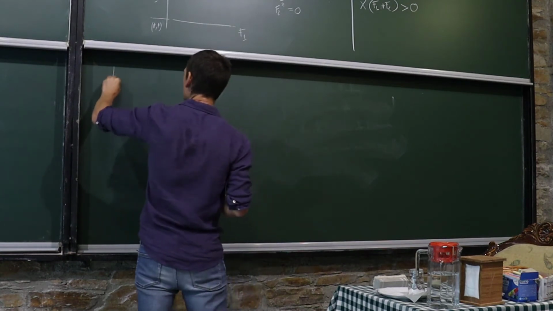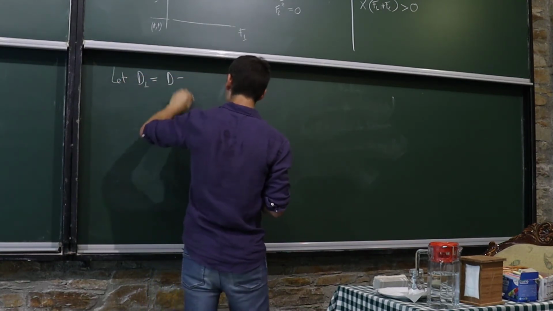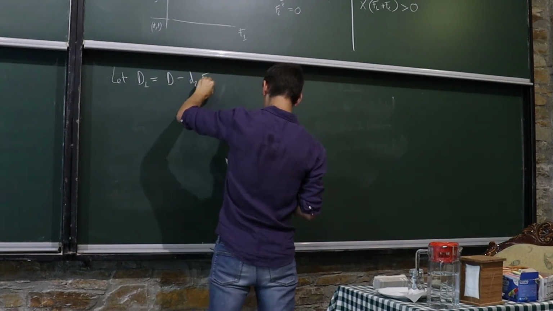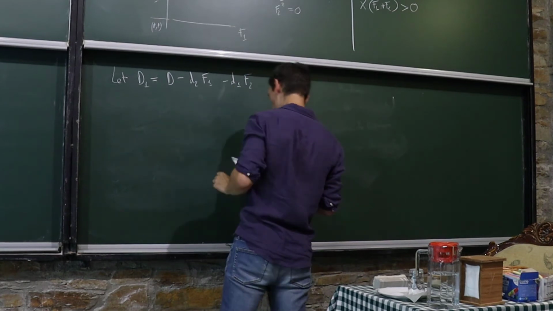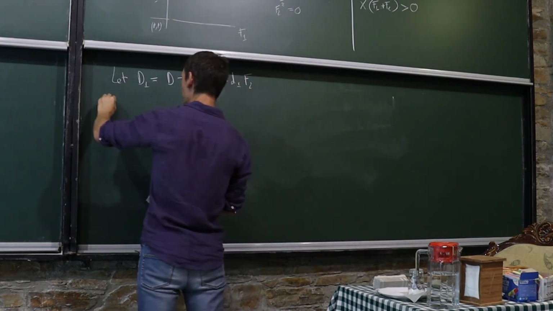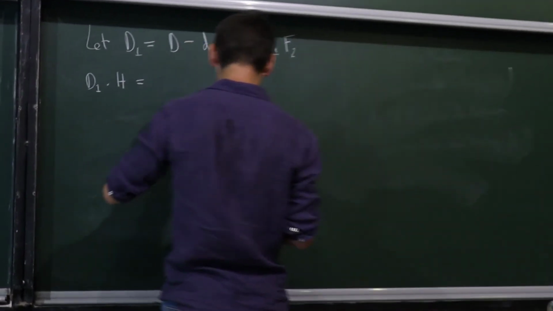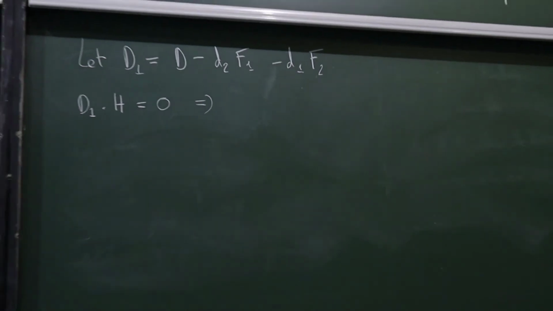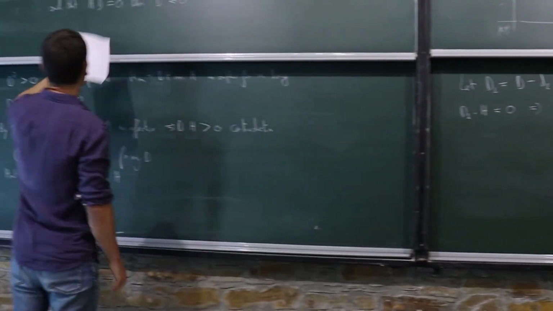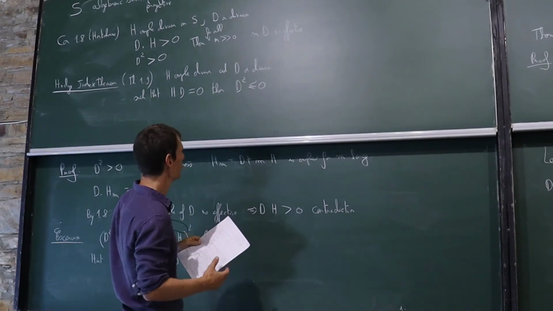So let D1 equal D minus D2 F1 minus D1 F2. So what do I observe? If I compute D1 times H, this is 0. So I have an ample divisor H, and a divisor such that the intersection is 0.